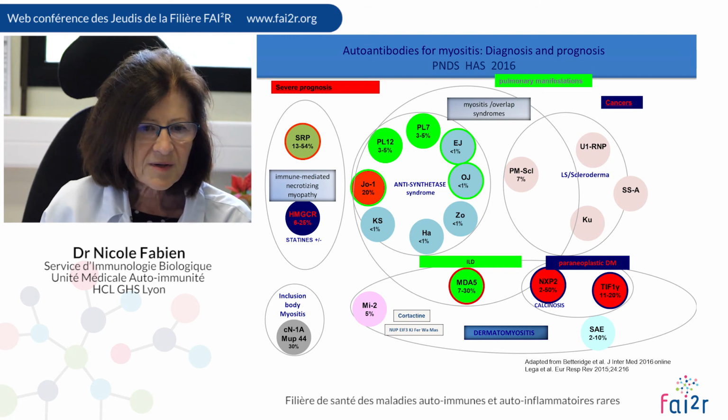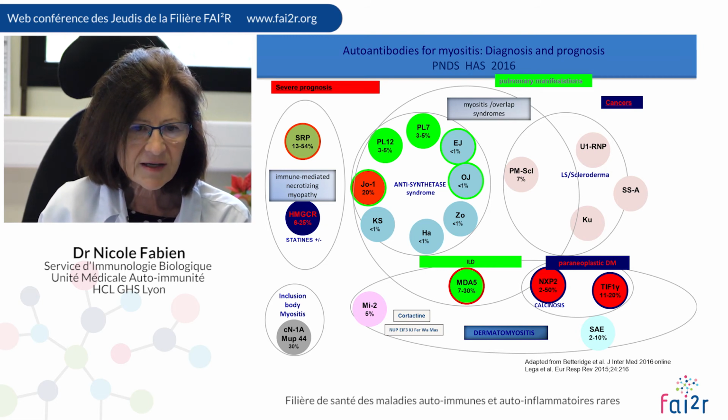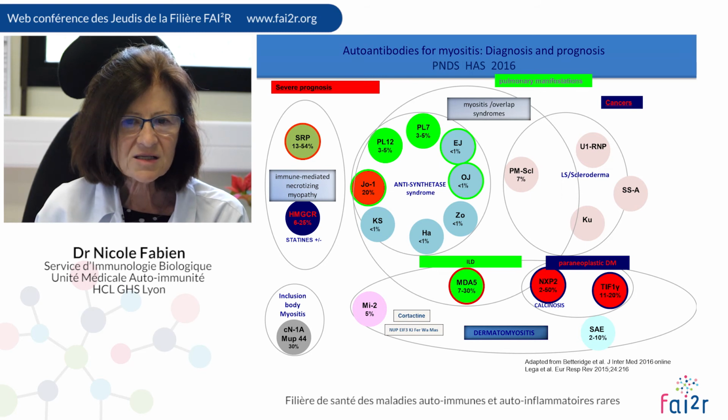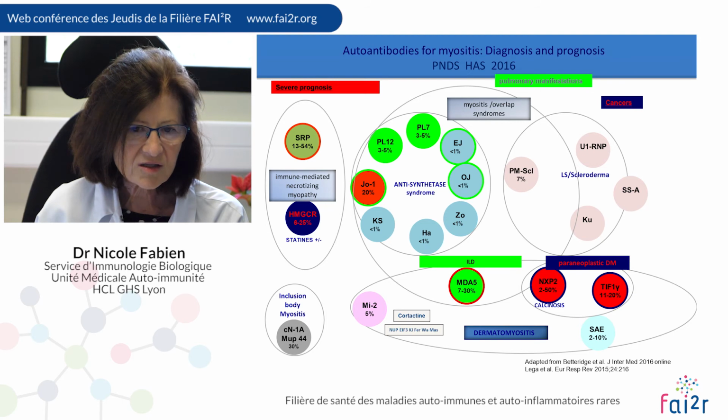For immune-mediated necrotizing myopathy, you've got two antibodies, anti-SRP and anti-HMG-CR. And for myositis overlap syndromes, I will just discuss the anti-synthetase syndrome. And the last one, for inclusion body myositis, you've got the anti-cN1A antibody.